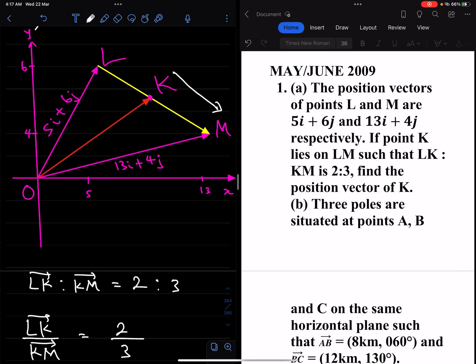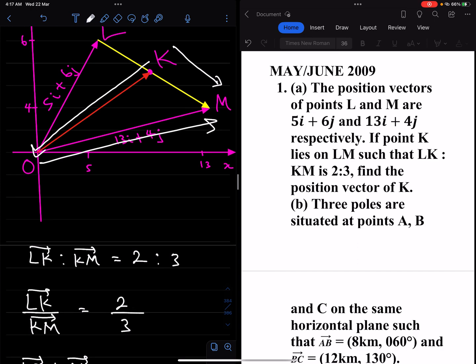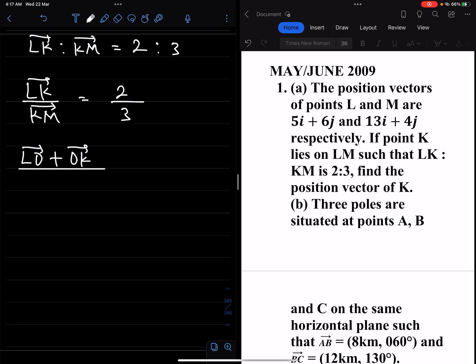And the alternative route from K to M, if you don't want to go directly, is going to be from K to O and then from O to M. So the vector KM is the same as the vector KO plus the vector OM. So KM equals KO plus OM, and the ratio is equal to 2 over 3.